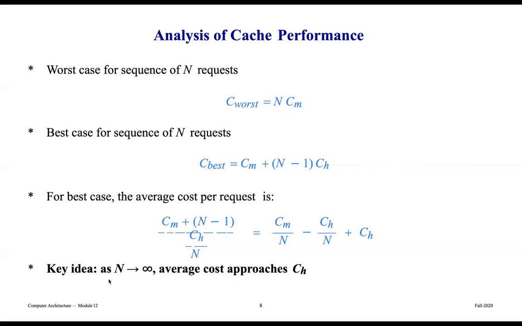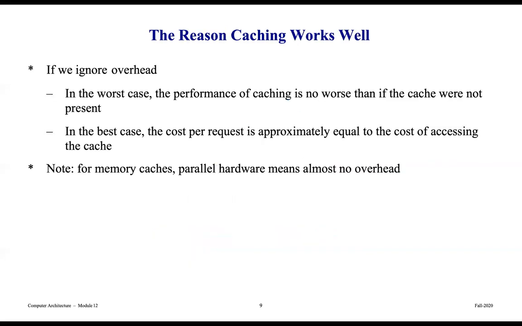An interesting point here is that as n goes to infinity, this term and this term go to 0, and the only thing you're left with is the cost for the cache, which is an encouraging sign. So we solve for C best. We get this final form, and as n approaches infinity, we're left with the CH cost.